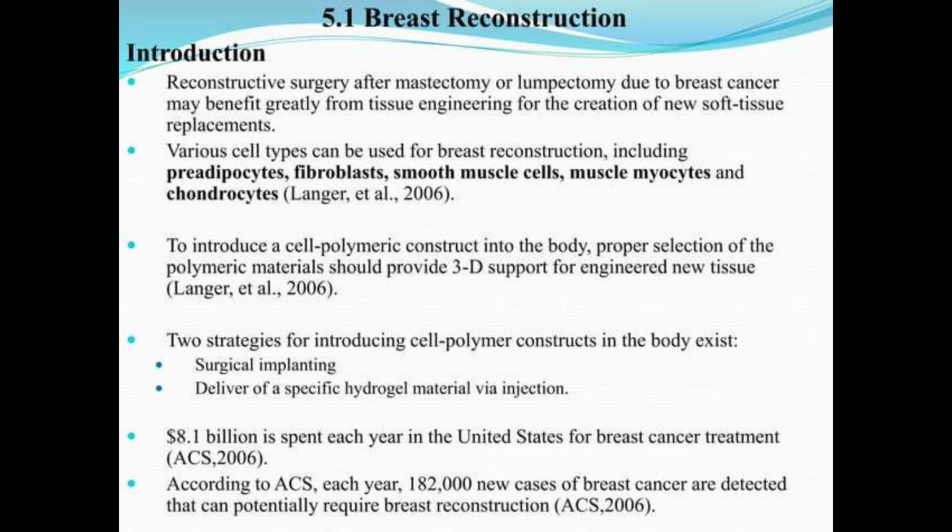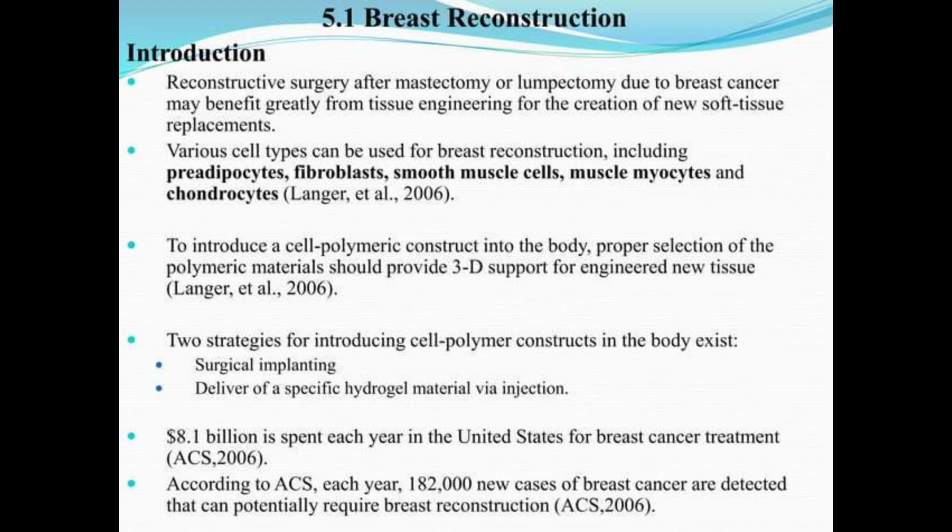Here is the breast, for people with surgery after mastectomy or lumpectomy, that is, where any lump or cancer is present in the breast region and is removed. Later the soft tissues are replaced through the breast reconstruction process, in which pre-adipocytes, fibroblasts, smooth muscle cells, muscle myocytes and chondrocytes are utilized.